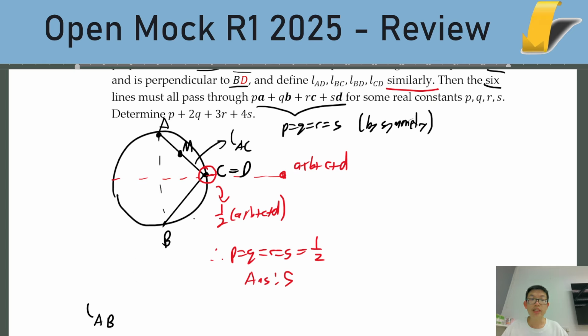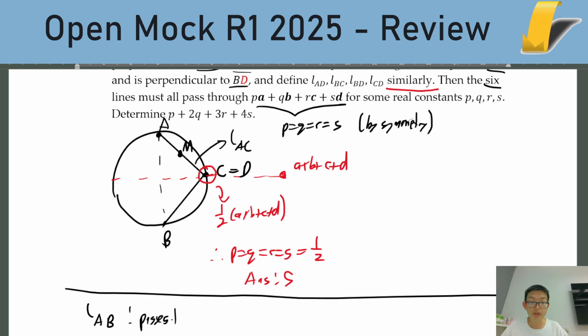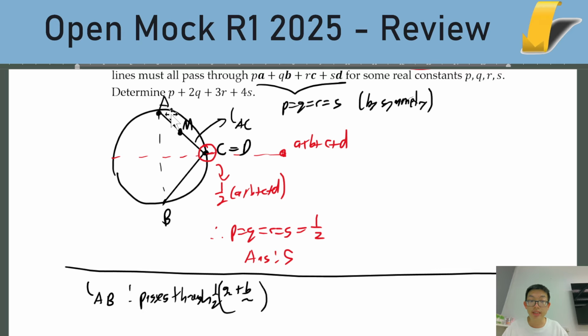Now, assuming that, let's say, I solve it in general, line AB must pass through A plus B over 2, which I'll just say is half A plus B. And it must be perpendicular to, let's say, CD. Now, we have a direction, let's say V, satisfies V dot C minus D equals 0.